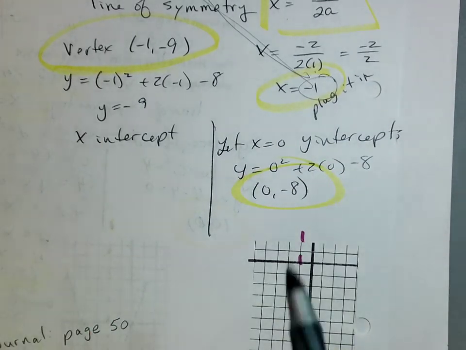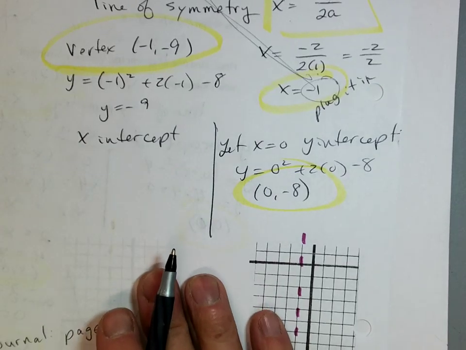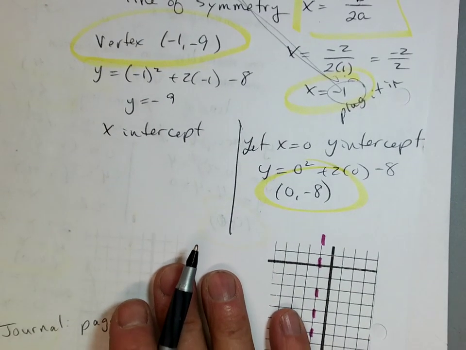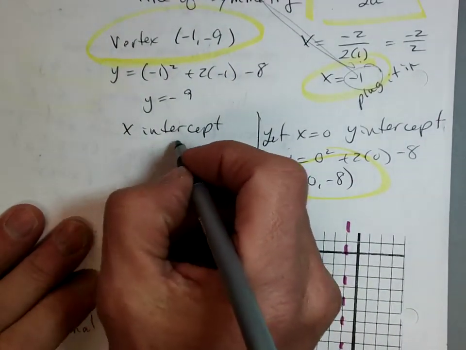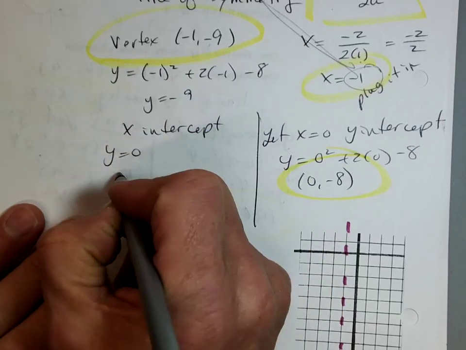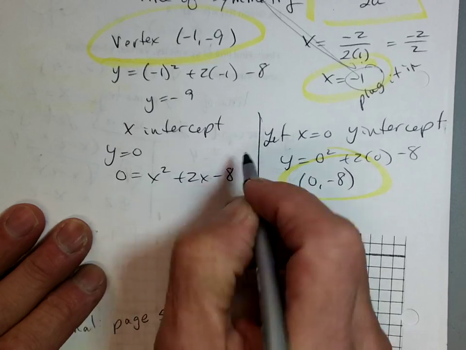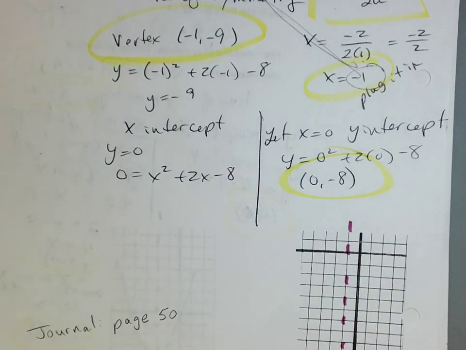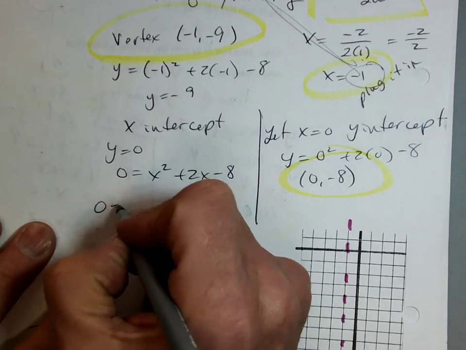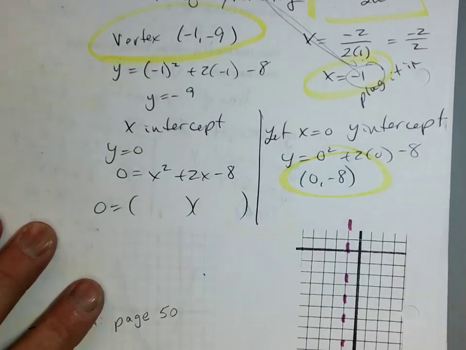Now my x-intercepts. We'll see if you remember how to factor. If you don't remember how to factor, that's okay, I'm going to throw it at you anyway. If I let y equal 0, I'll have 0 equals x squared plus 2x minus 8. Again, we need two answers. Hopefully you remember how to factor.